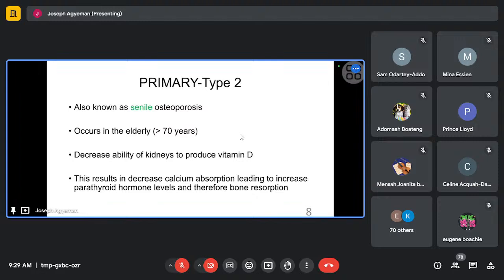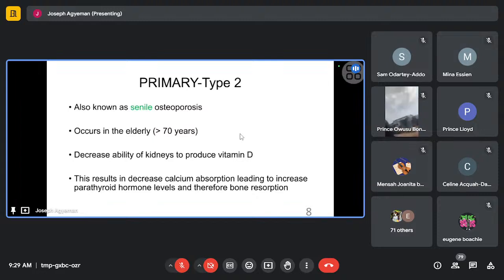For example, we are talking about kidney function, renal function. It includes calcitriol production. With age, you get renal impairment, you get a reduced amount of calcitriol. Obviously, one will need calcitriol for effective GI calcium absorption.